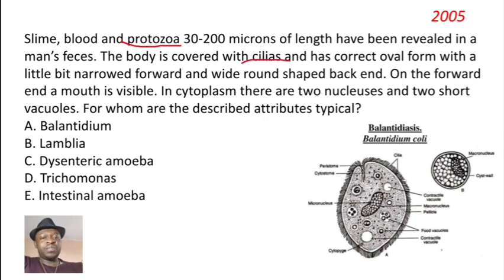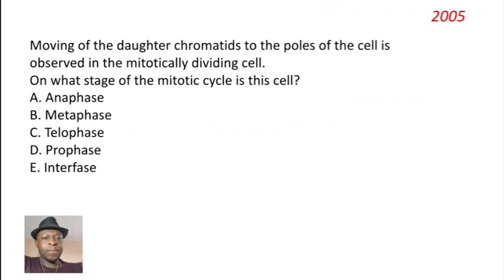Okay, so next question. Moving of the daughter chromatids to the poles of the cell is observed in the mitotically dividing cell. In what stage of the mitotic cycle is this cell? Right.